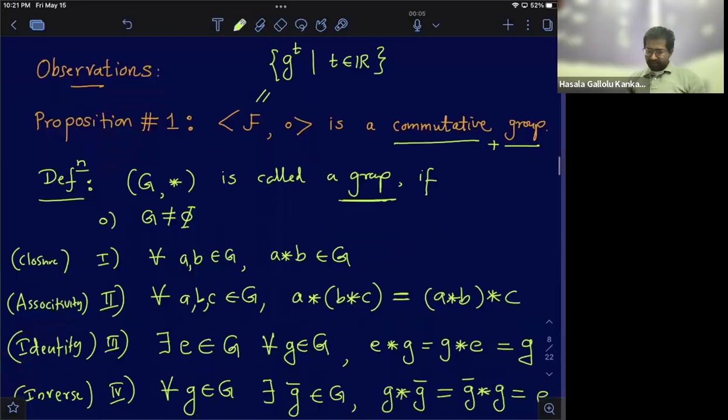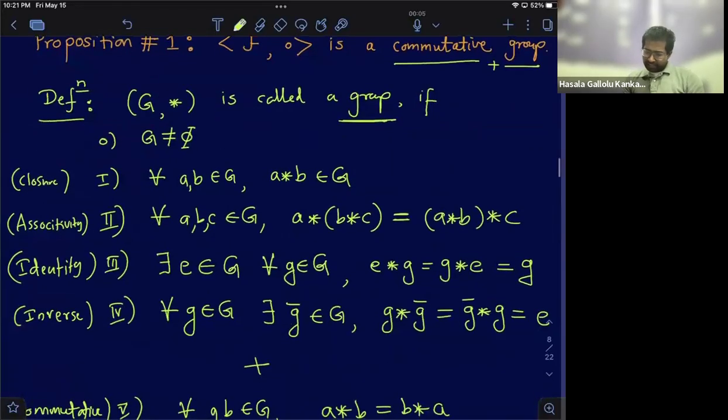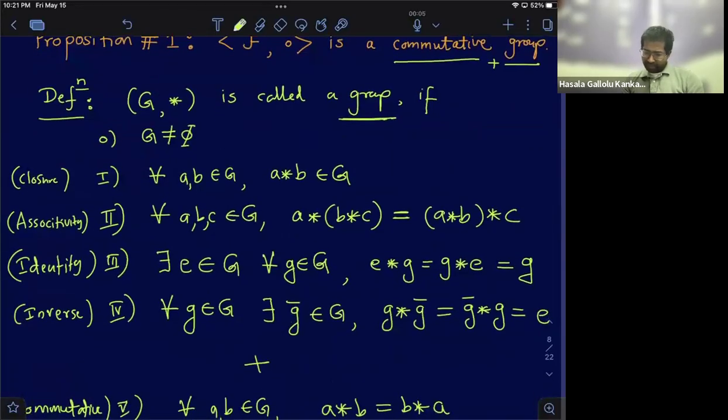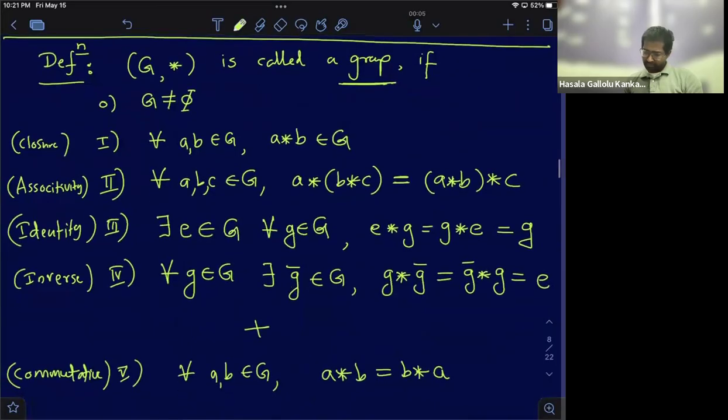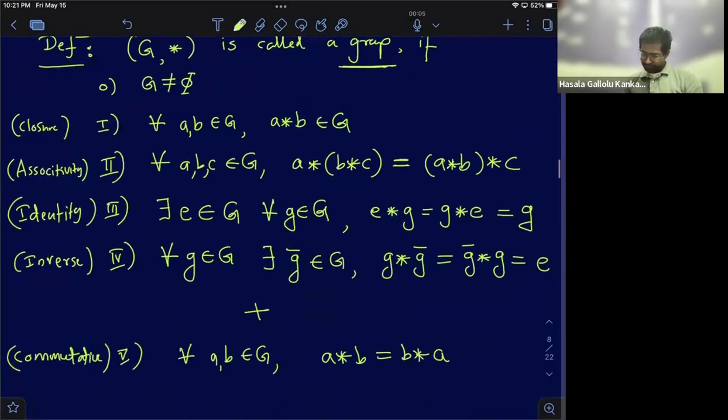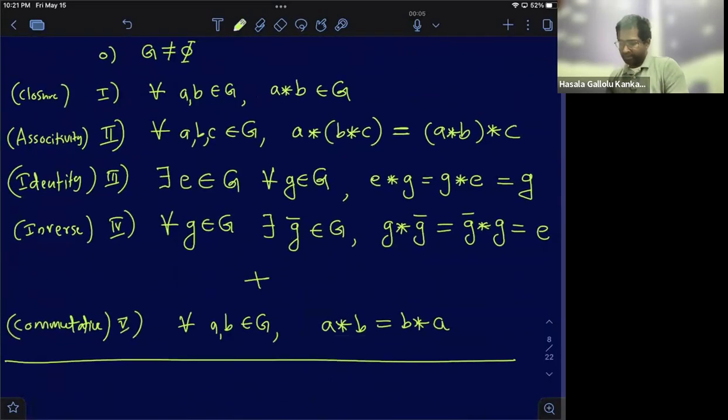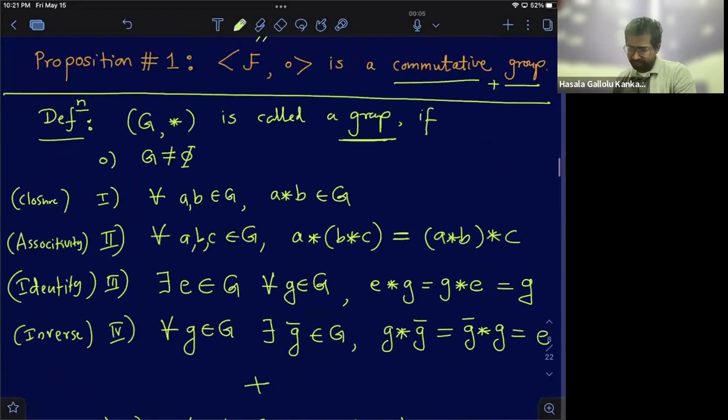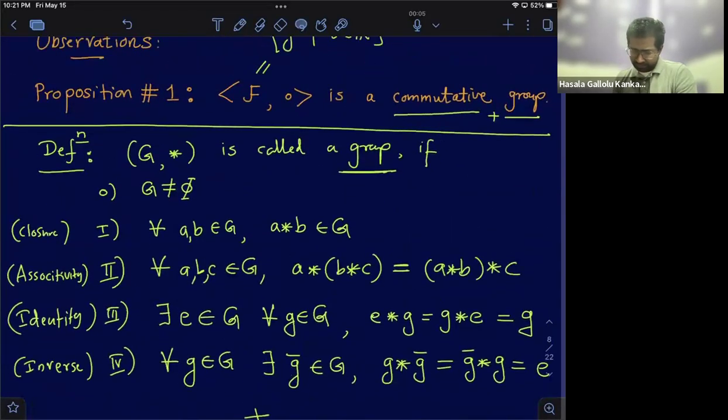Now, given that we have seen the definition, or the background, of groups, let's bring this part separately.